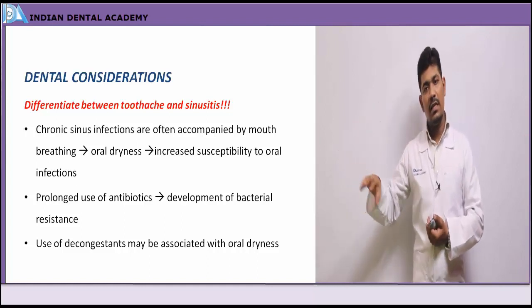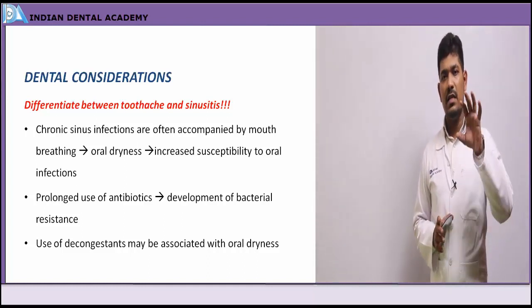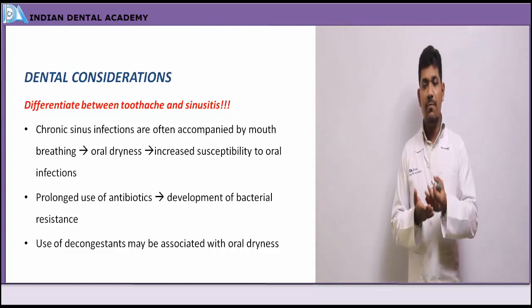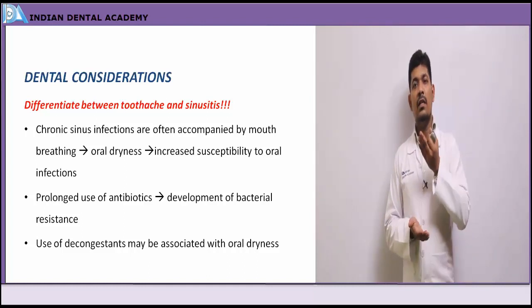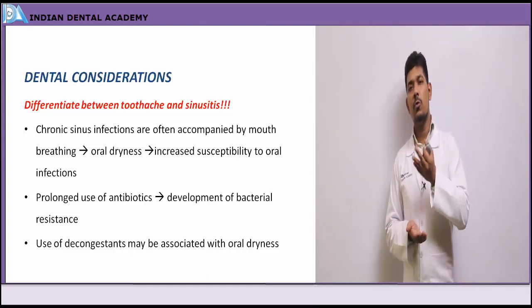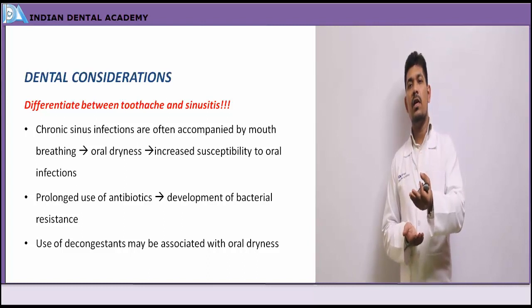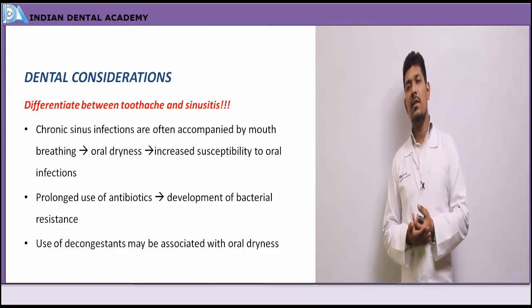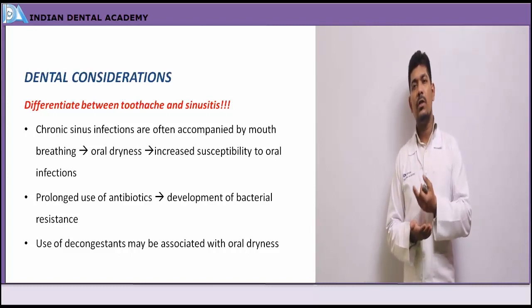Now, whenever there is an involvement of the maxillary sinus in that particular area, or there is infection and inflammation over there, the pain signals get transmitted through the root canals of the maxillary molars, which pierce through the maxillary floor, mimicking a toothache.